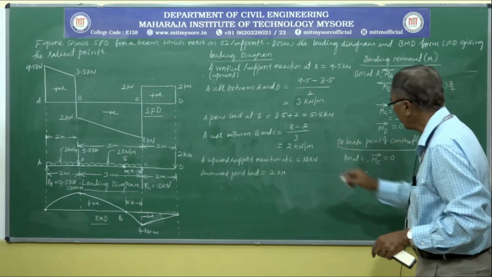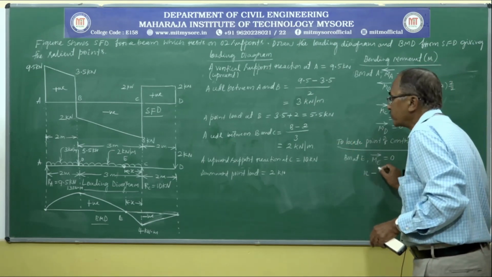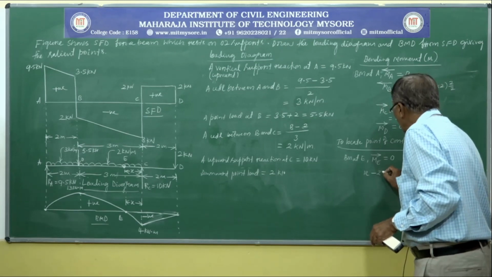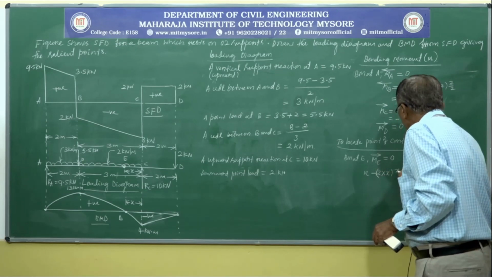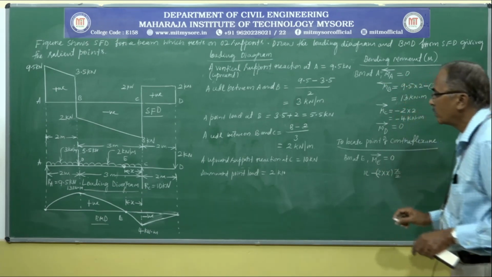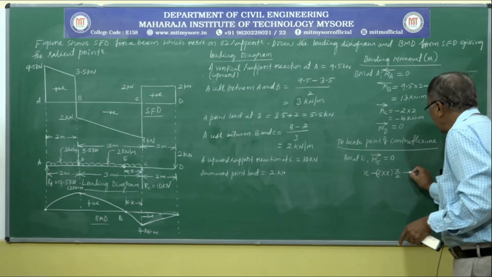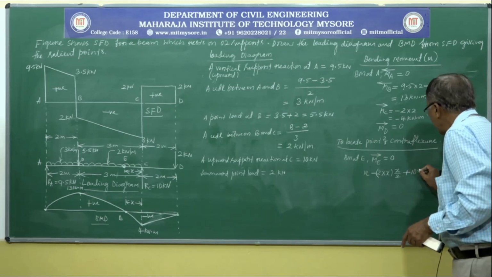Let us consider first UDL, minus 2 into x into x by 2, plus 10 into x.